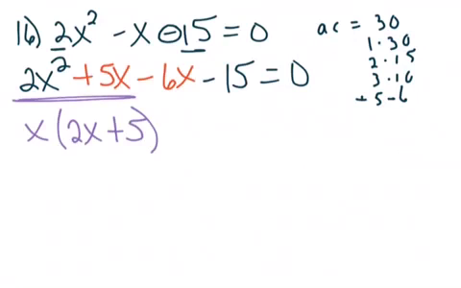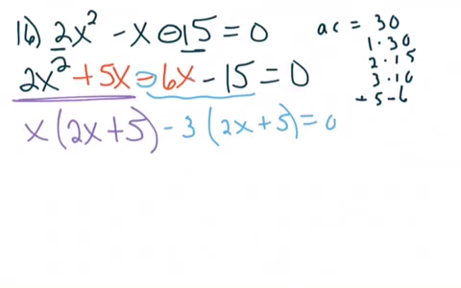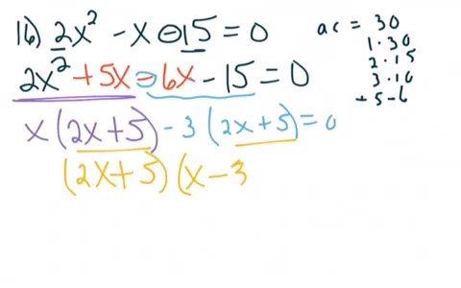Then we take the common factor out of the second 2, and my rule is, if this is negative, you need to factor out a negative. So this would be a negative 3. So negative 6x divided by negative 3 is 2x. Negative 15 divided by negative 3 is plus 5. Now you have the common factor of 2x plus 5. And what's left of the purple one is x, and the blue one is negative 3.